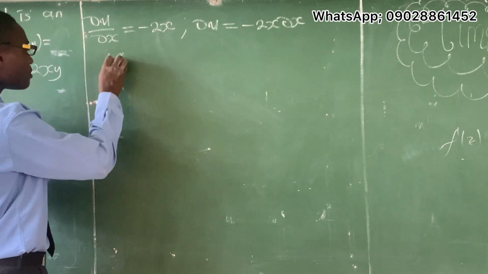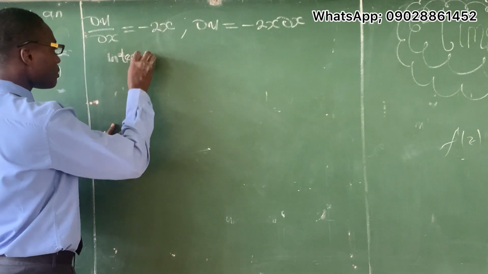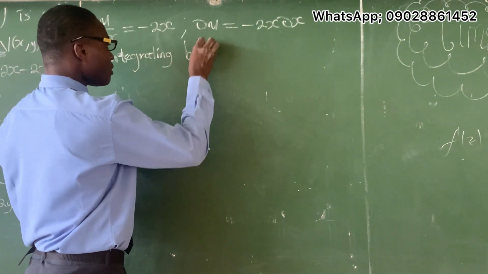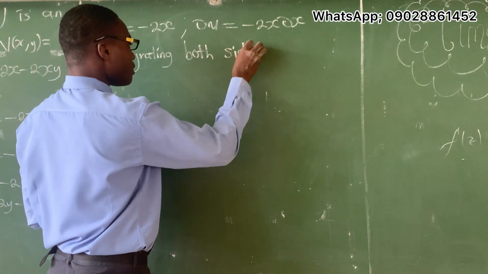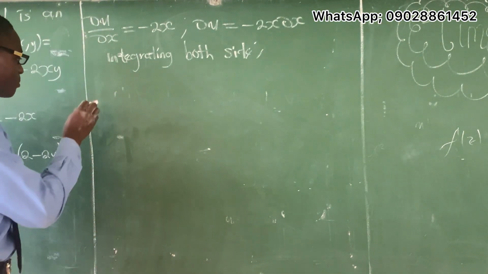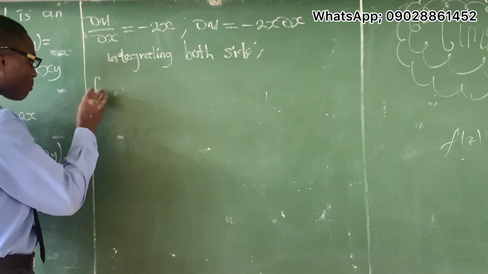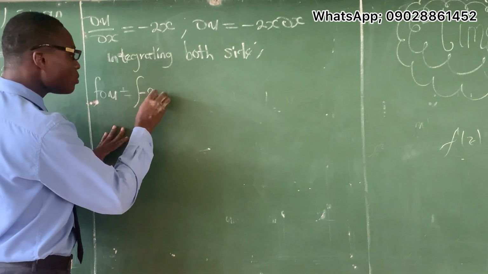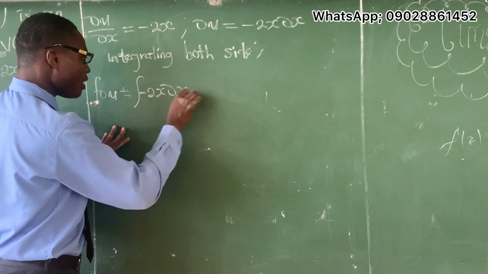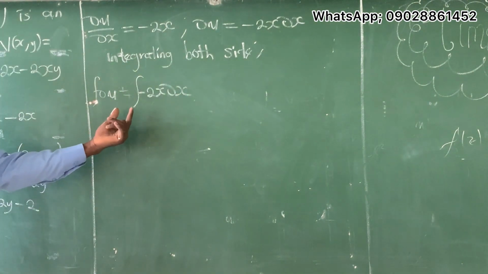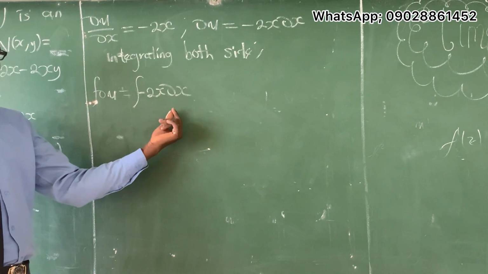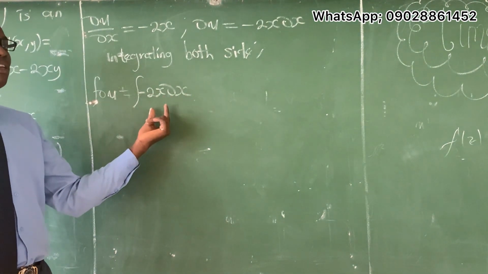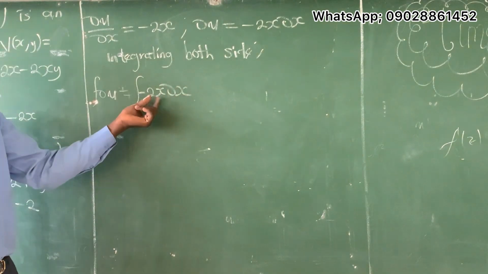So integrating both sides, this means that we have the integral of partial u equals the integral of minus 2x partial x. Remember, we are integrating partially with respect to x, treating y as constant. So it means that the constant there will be a function of y, because y is treated there as constant.